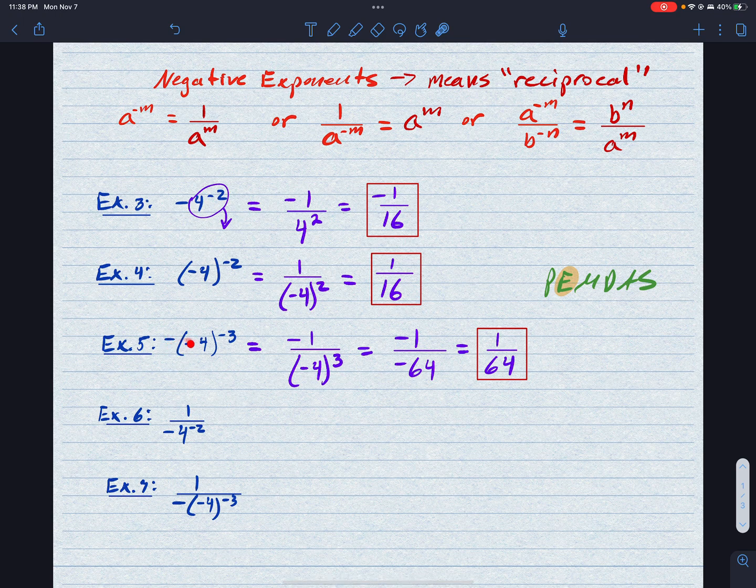If you cross those minuses out because it's a double negative, you're doing a multiplication, and you failed to recognize that there was an exponent going on first. You have to evaluate this exponent before you can do that. And once you do, you end up with a negative 1 over negative 64, and then that's division, and a negative divided by a negative is a positive. All right, let's move on to the next one.